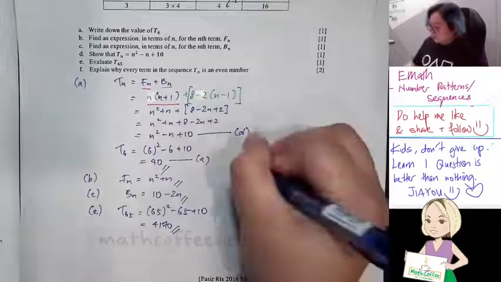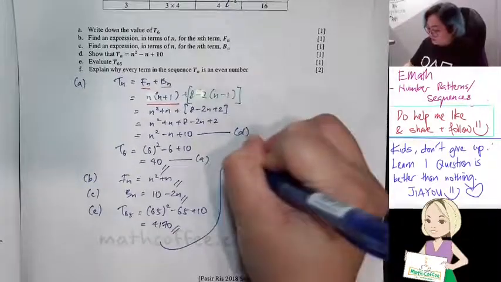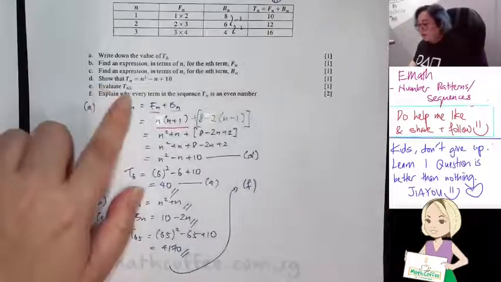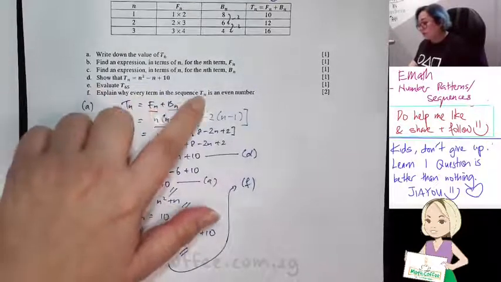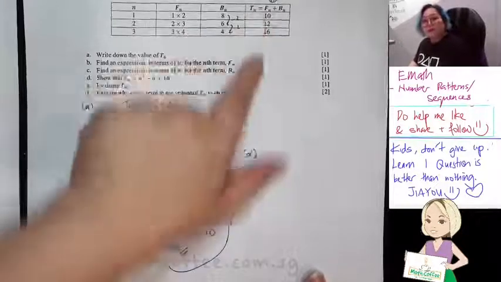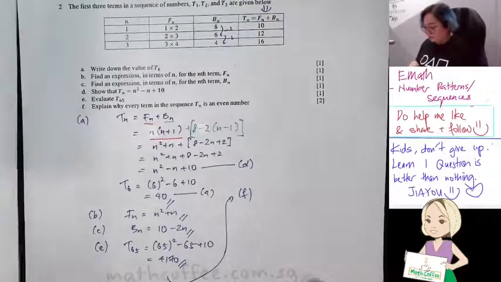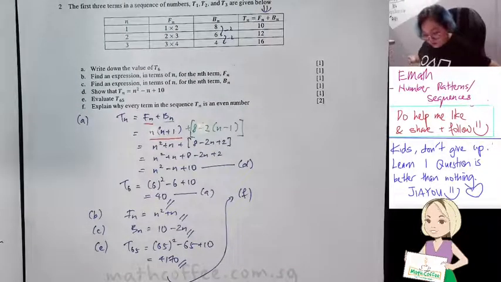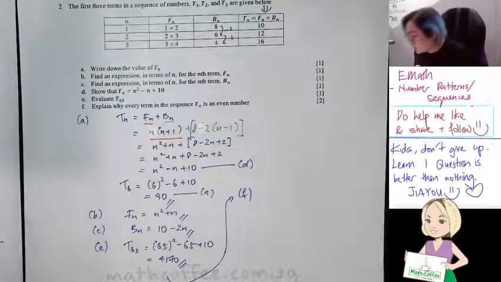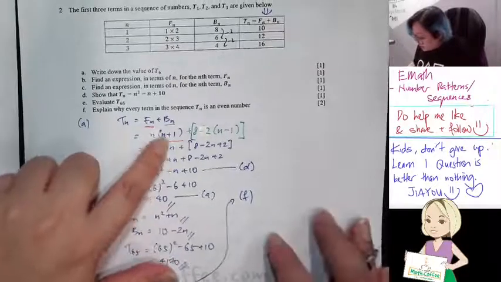Now, I'm going to do part F here. They say, explain why every term in the sequence Tn is an even number. This is not so straightforward. You have to explain step by step. So look at the Fn.